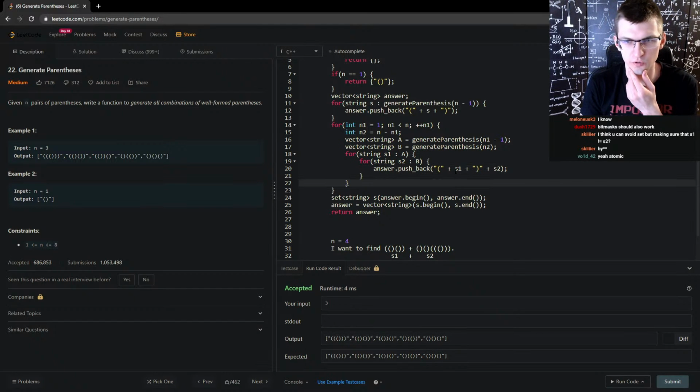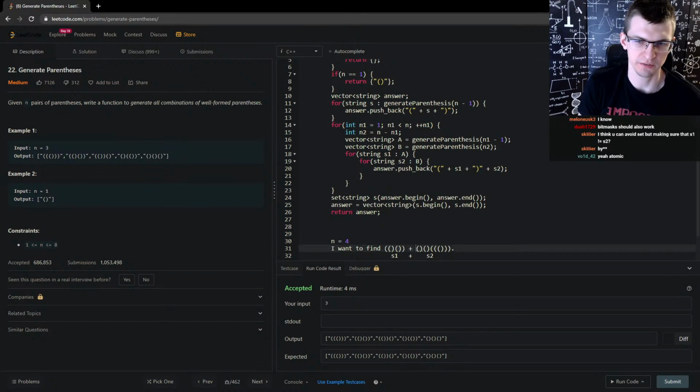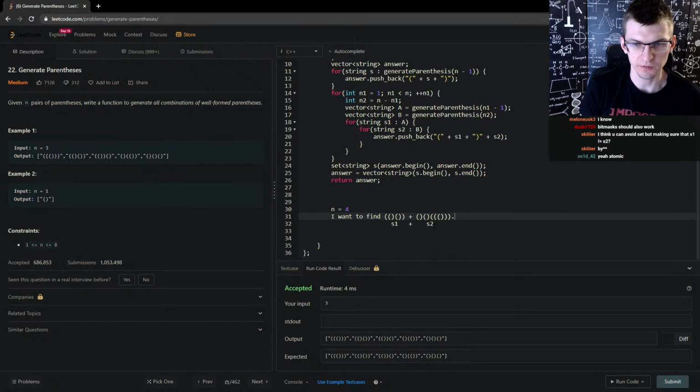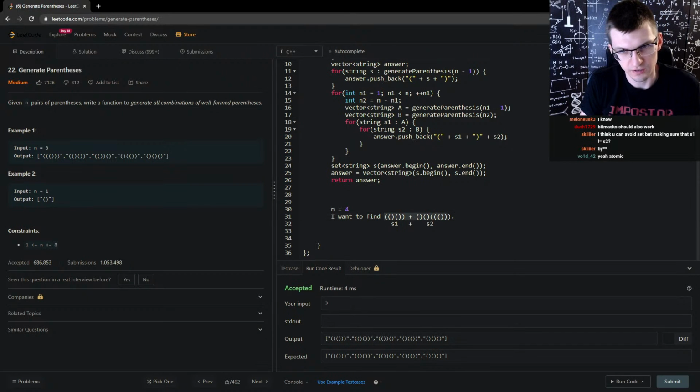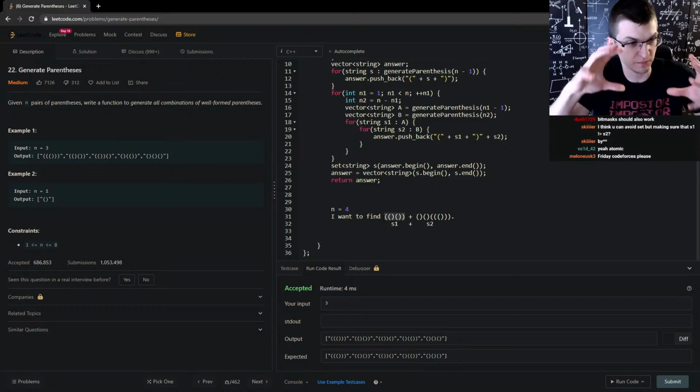So I combine two strings S1, S2, and S1 is this part that I then put in brackets, and S2 is whatever. The important thing is I don't double count anything, because every string consisting of a plus b can be uniquely determined by saying that we are looking for the first a that is in brackets.